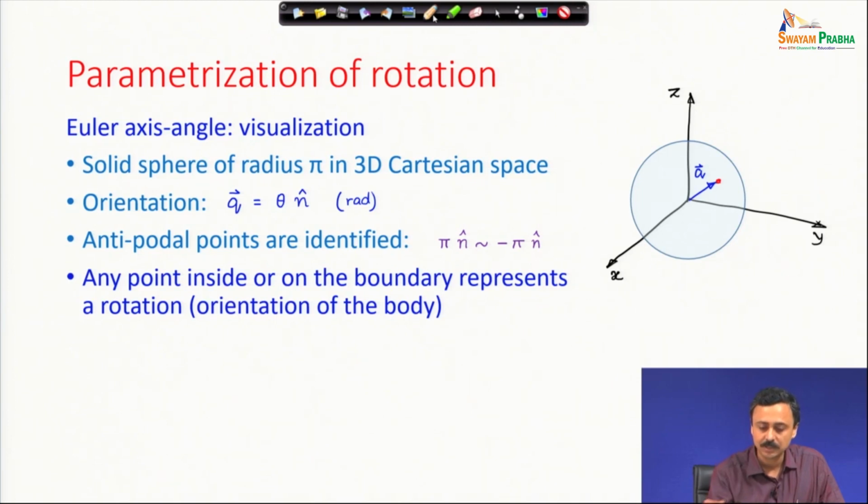Let me redraw this again. Suppose you have another orientation here. You can traverse this path: you go up to the surface of the sphere, go to the diametrically opposite point, and these two diametrically opposite points are identified.